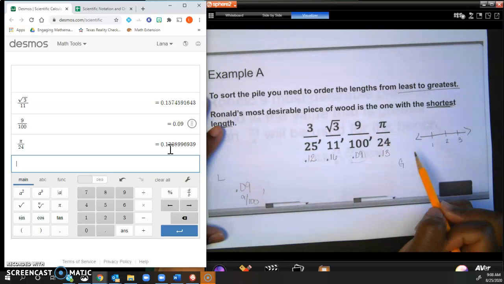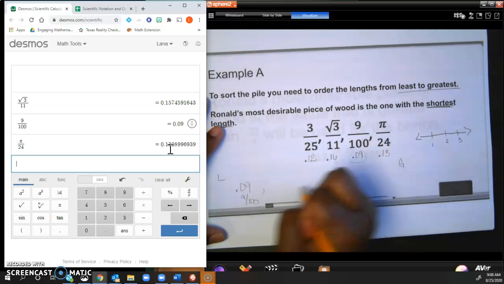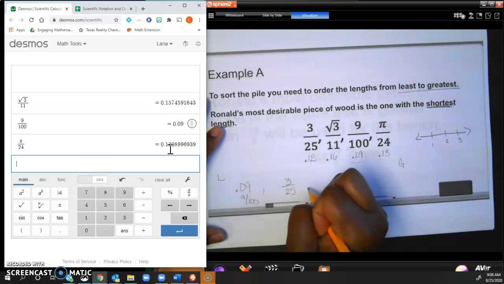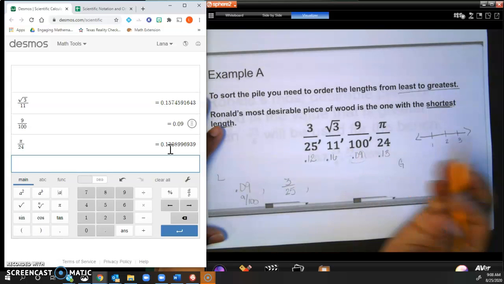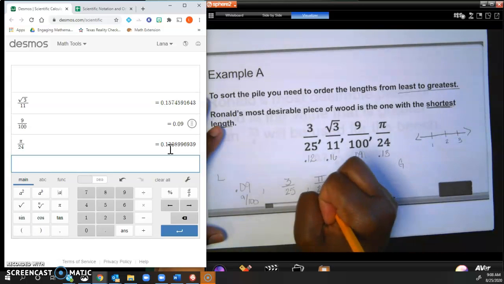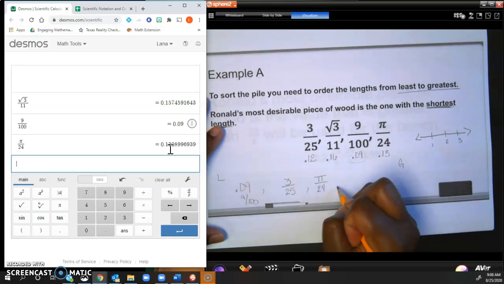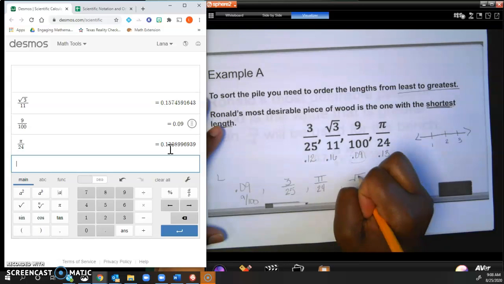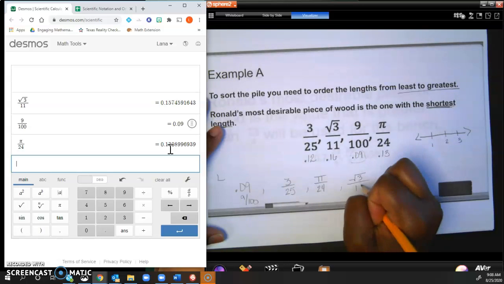Okay. Then my next smallest number would be 3 over 25. The next smallest number is pi divided by 24. And the greatest number is going to be the square root of 3 over 11.